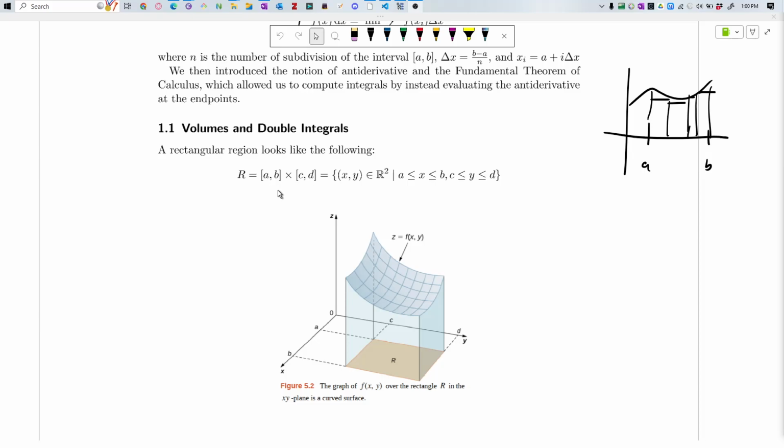You're taking a product of two different intervals, creating a subset of R2, and then you have a surface that sits over this base, and the double integral would be measuring the volume below the surface.